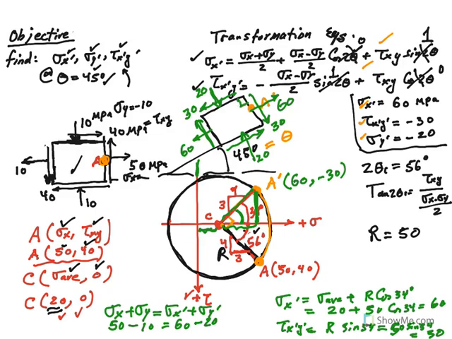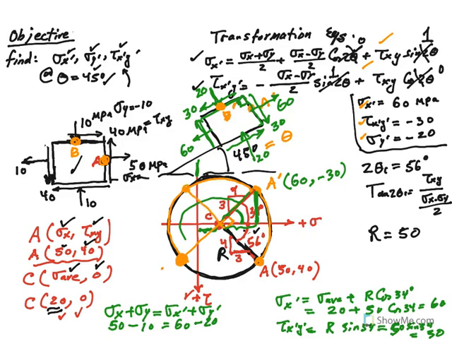So remember, between this plane and this plane is 90 degrees, or 180 degrees on the circle. So if you go 180 degrees, you end up here. So if this was B, this would be B prime. There we go.